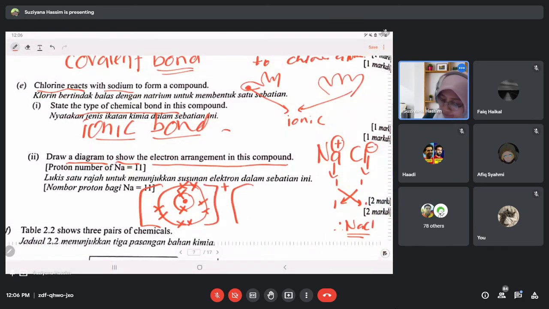Positive, and chlorine here, but we become chloride. 2, 8. Okay, saat teacher padam. Kecil sangat. Okay. Alright. This one positive. Nucleus. 2, 8. 1, 2, 3, 4, 5, 6, 7.